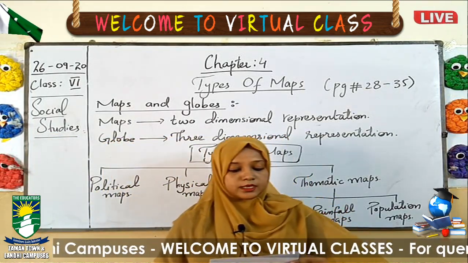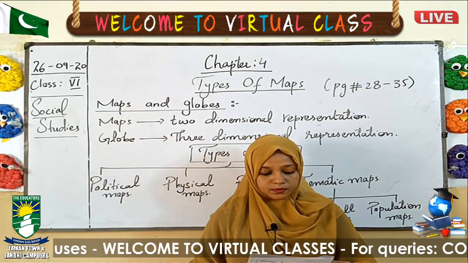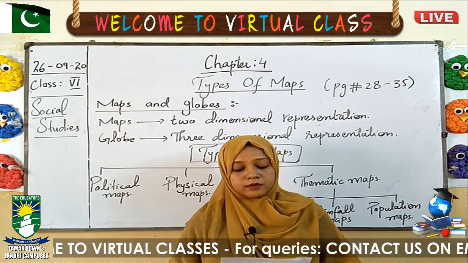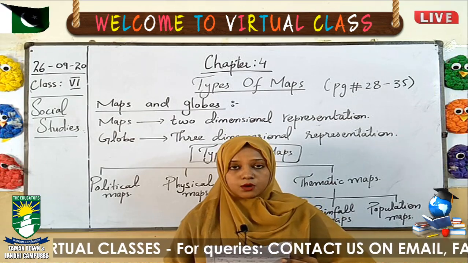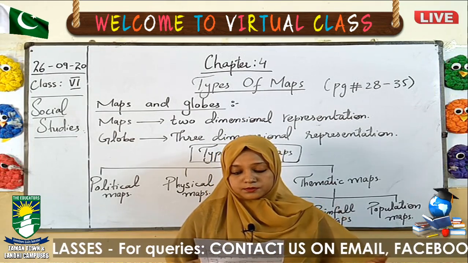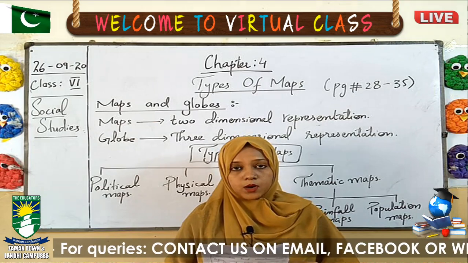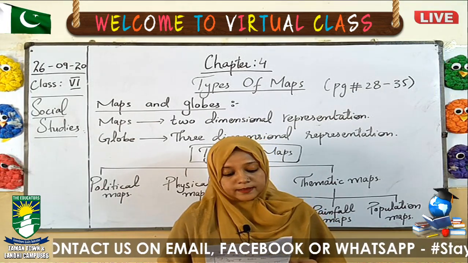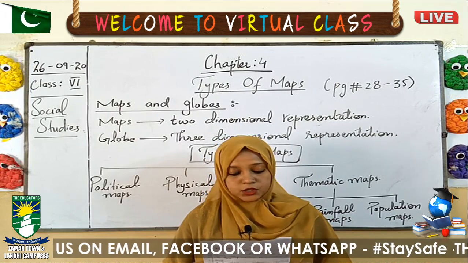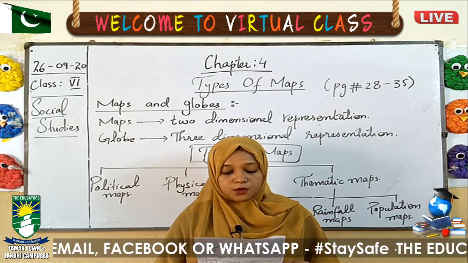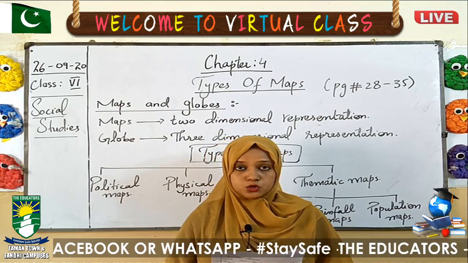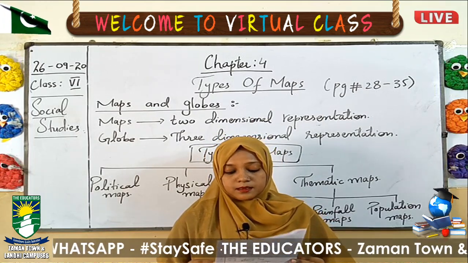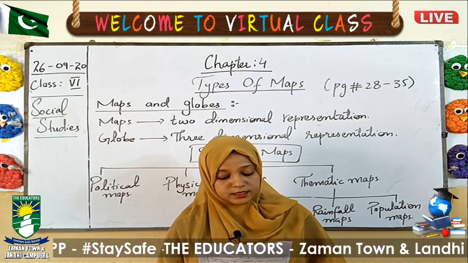Then coming to the MCQs. Number 1. Globes are dash dimensional representations of the surface of the earth. Which sort of representation? 1, 2 or 3. In the same manner, maps are dash dimensional representations of the surface of the earth. 1, 2 or 3. Then, dash scale maps show less detail.